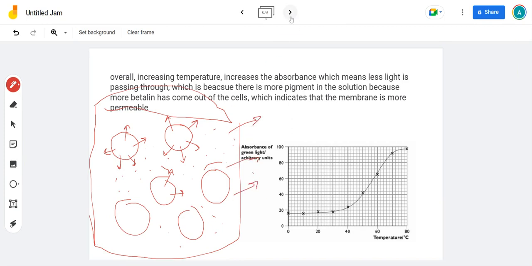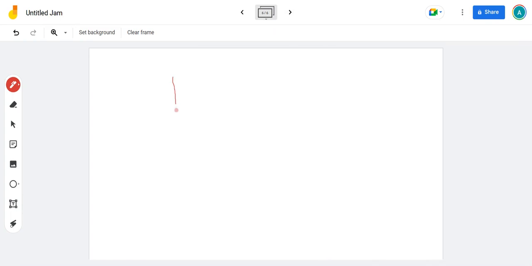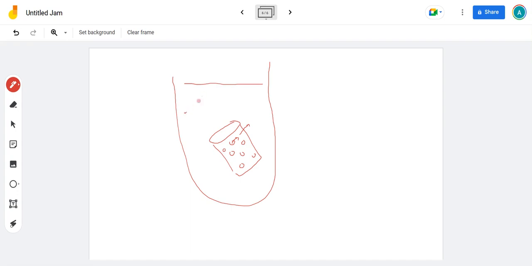and into the liquid. So what you had is a test tube with a cylinder of beetroot. Then within the cylinder of beetroot, you had cells, and the pigment has come out of the cells and out of the whole cylinder. And this liquid in here is turned red, hasn't it? Reddy pink colour.